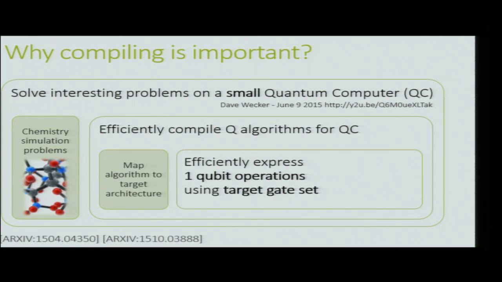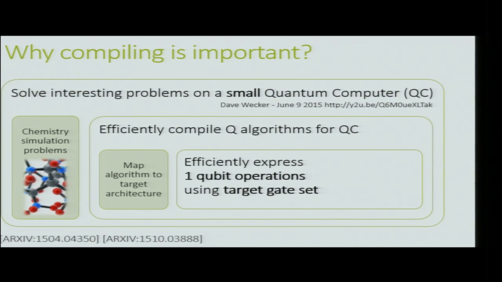For example, the basic building block of a quantum computer is called a qubit. It's basically a two-level quantum system. In a classical computer, if you have one bit, there's only one operation you can perform on it, a bit flip.